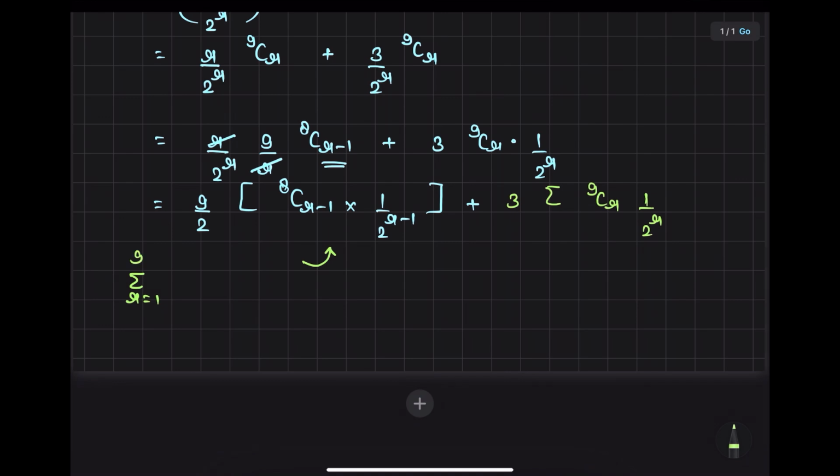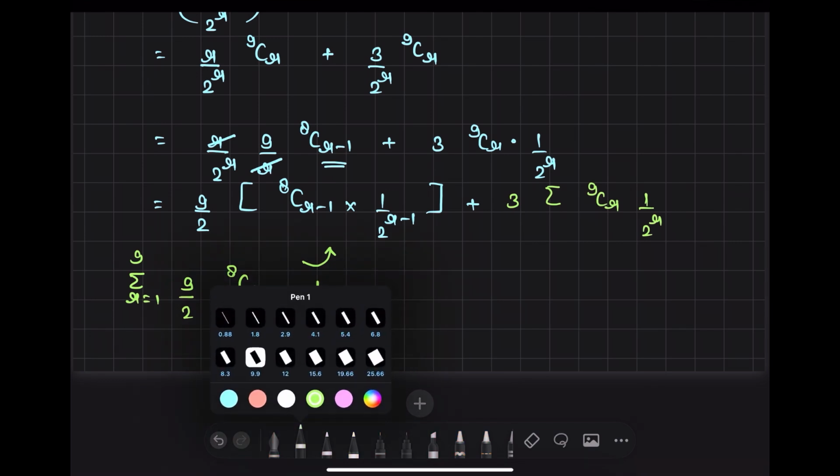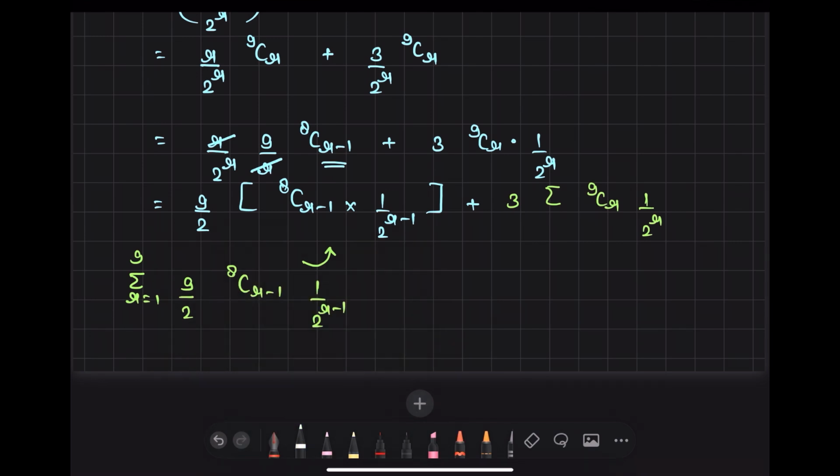So we will have 9 by 2 and then 8c r minus 1, 1 by 2 power r minus 1, and then we have the second component as plus 3, 9cr and then 1 by 2 power r.